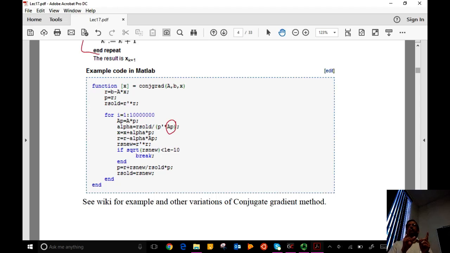Now that's important. Imagine you have a matrix that is 100,000 by 100,000, but only 10% of the elements are not 0. Everything else is 0. Do you want to keep multiplying 0 by 0 to know it is 0? No, you don't want that. So you need to define algorithmically a subroutine that will make this multiplication in the most efficient way. Store only the non-zero elements and take the corresponding elements from the vector P and just multiply those.